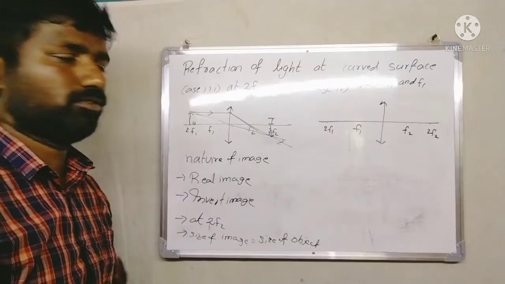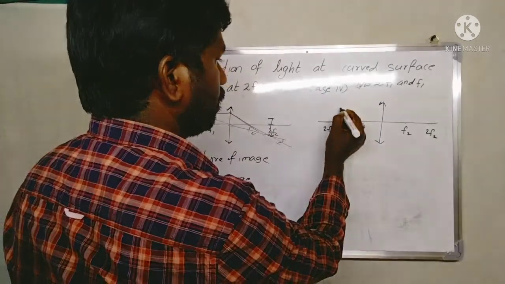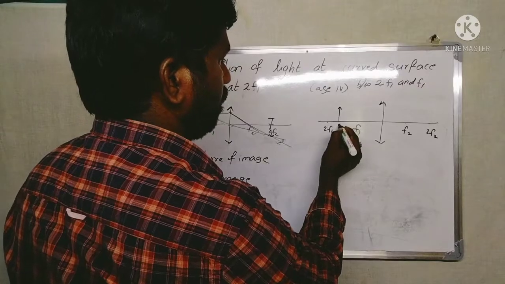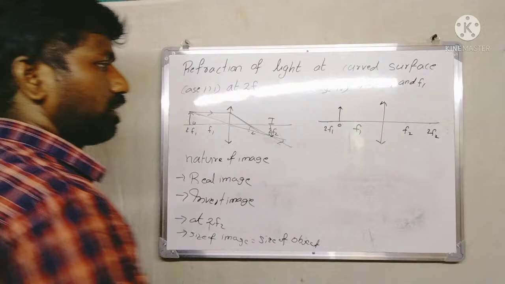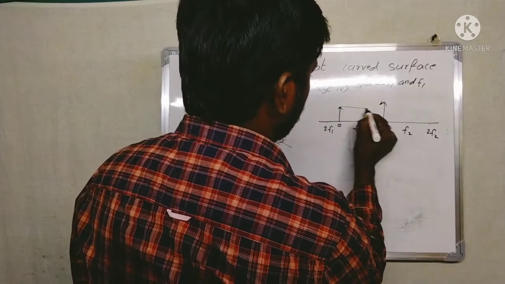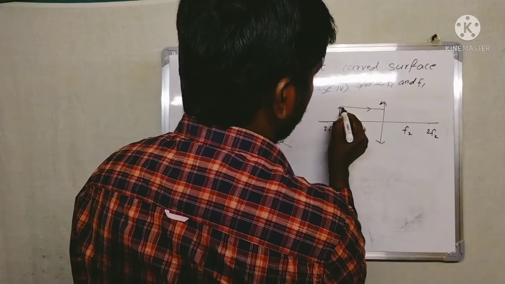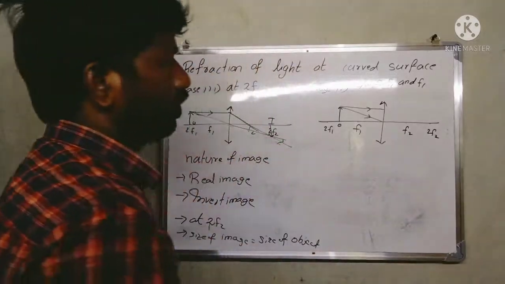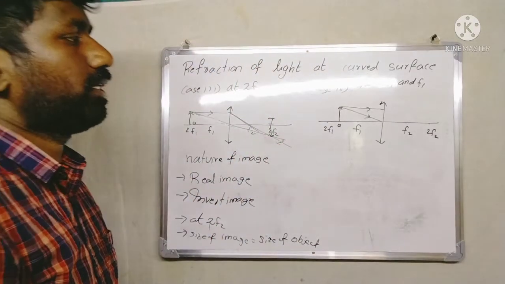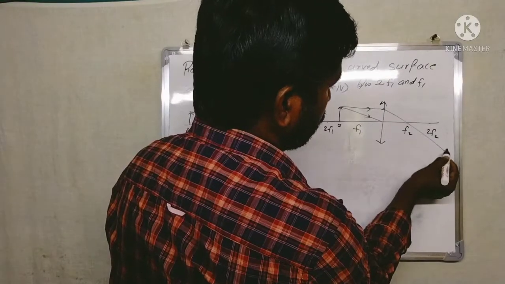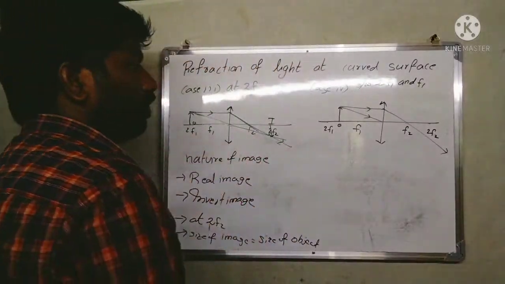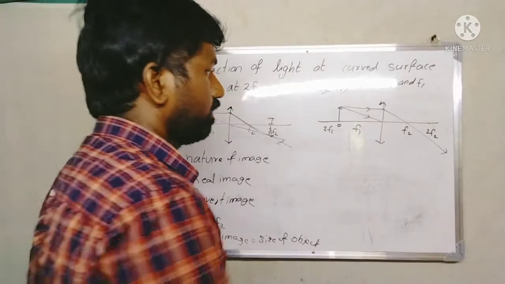So this is the position of the object. And now we have to take a ray which is parallel to the principal axis, the incident ray. Another light ray we have to take is passing through the optic center. If any light ray passes parallel to the principal axis, we know that it passes through the focus, and any light ray passing through the optic center does not deviate.